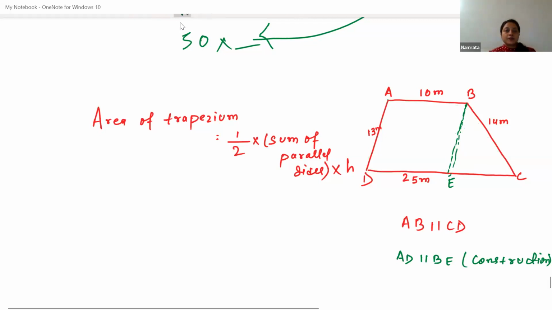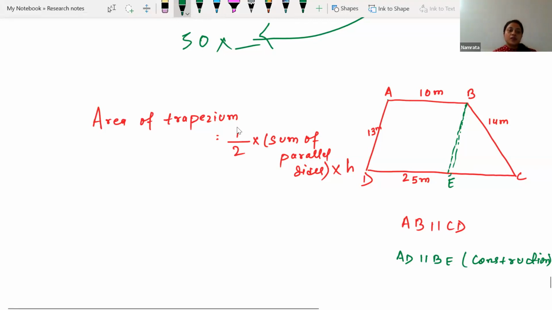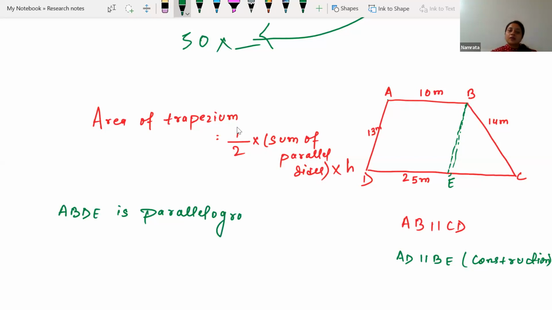So here we can say that ABED is a parallelogram. Why? Just because of our construction. Because it was known to us that AB is parallel to CD. And if you cut the CD, then also both lines will be parallel.